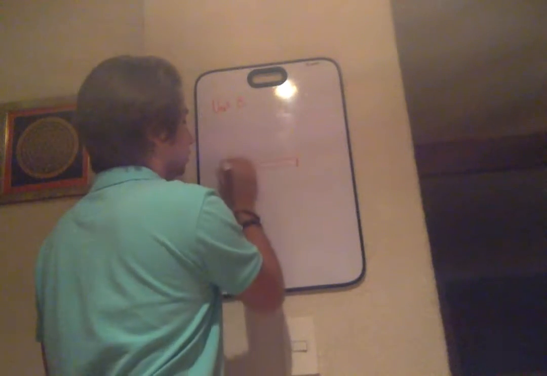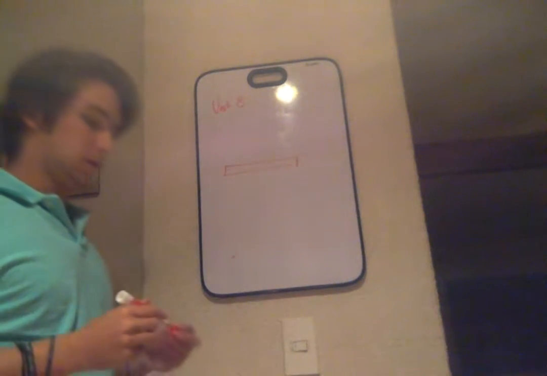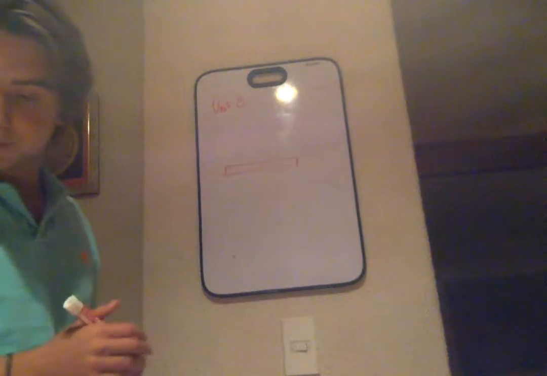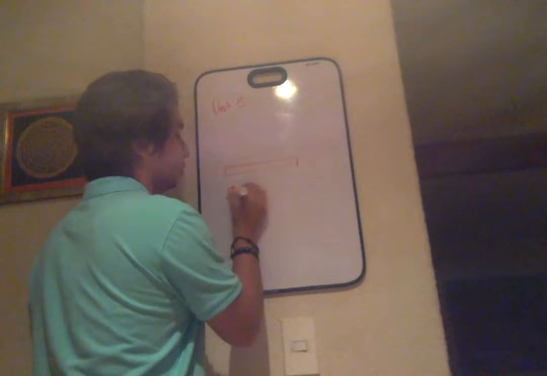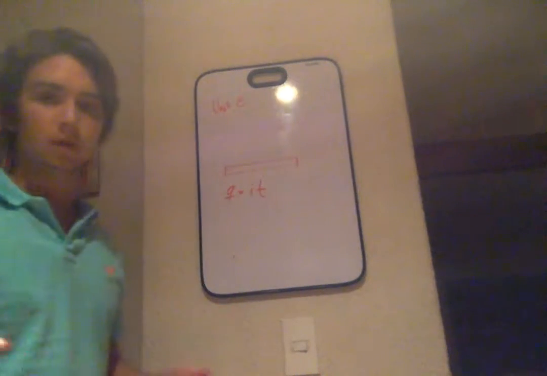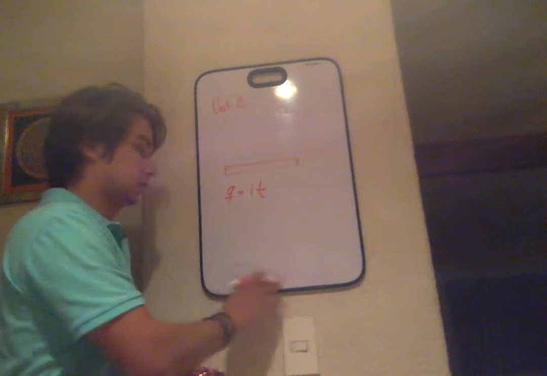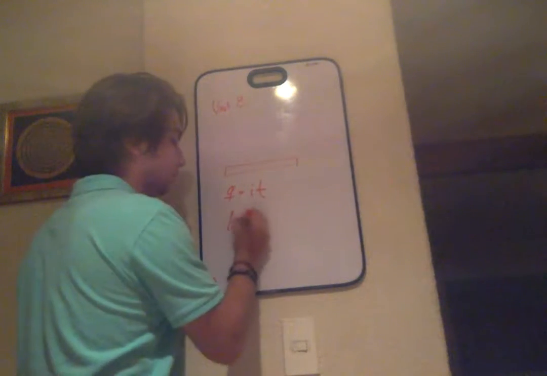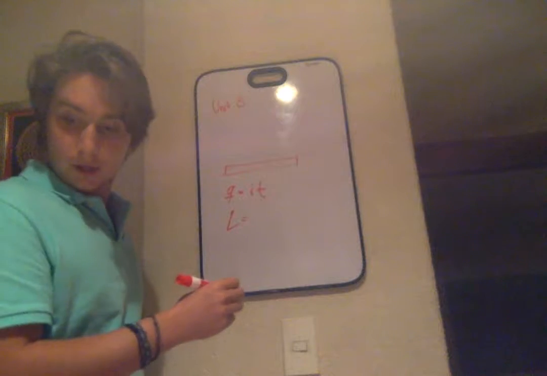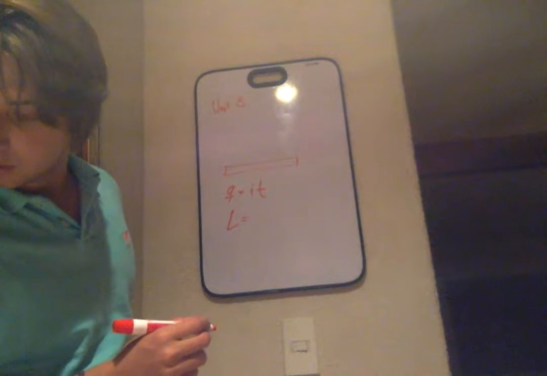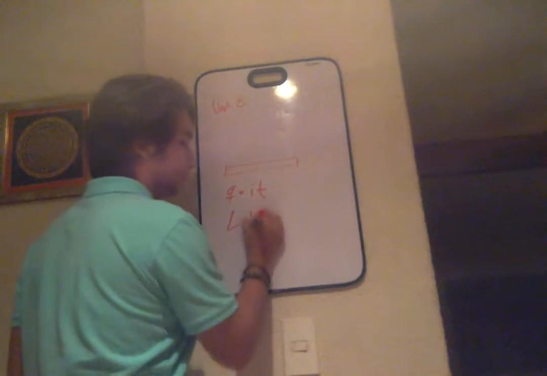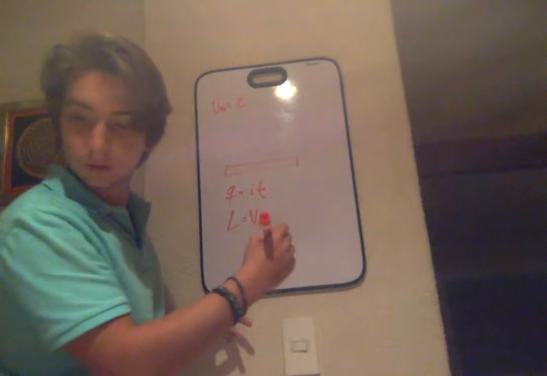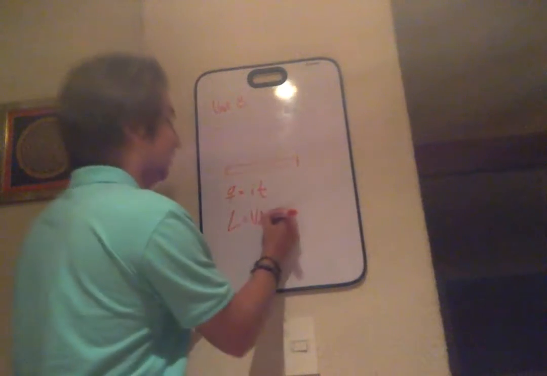For example, if we use the length of the wire, we could assume that at a certain time t we would have that the charge is equal to the current times the time, and also the length is equal to the drift velocity times the time.